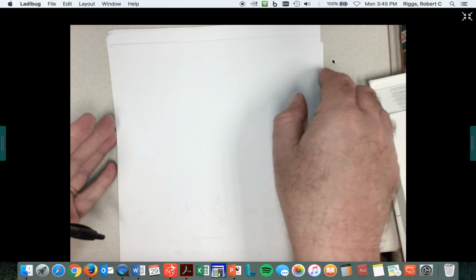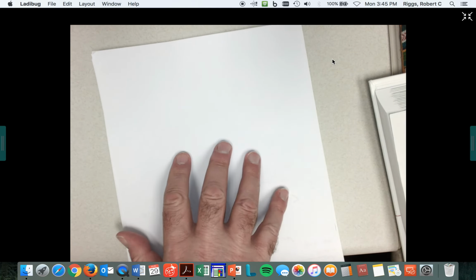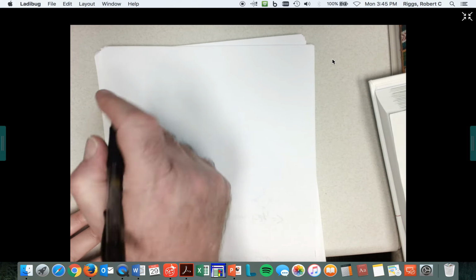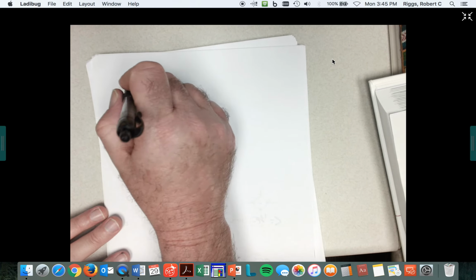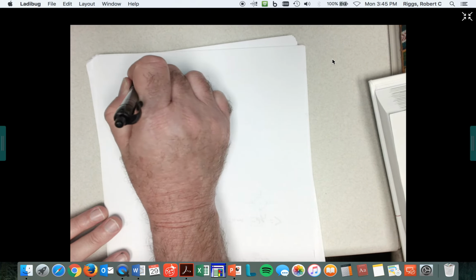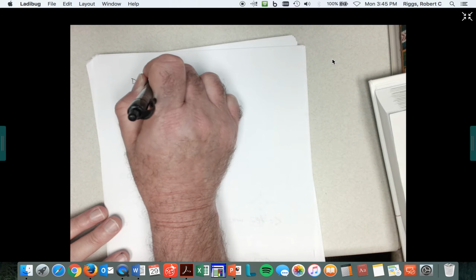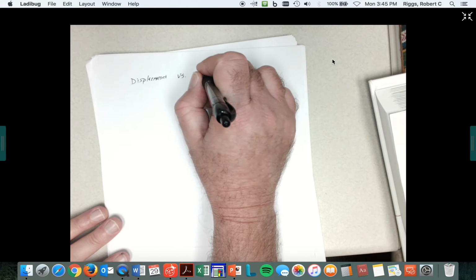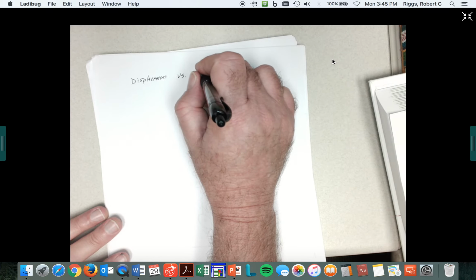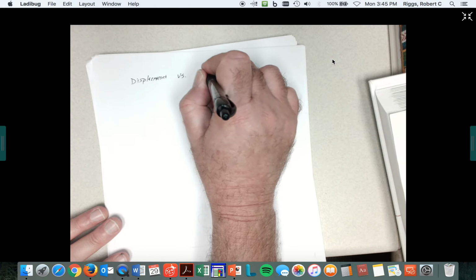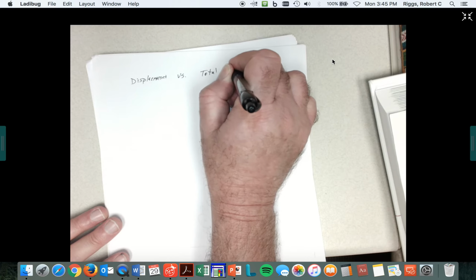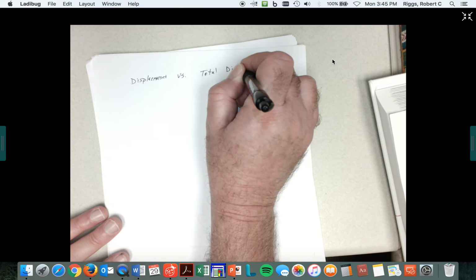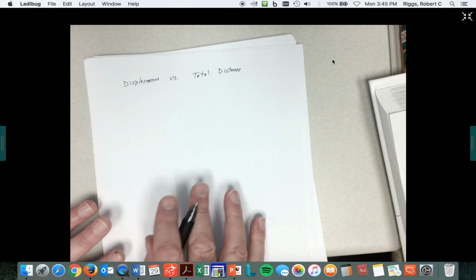Here's a big idea: displacement versus total distance. Let's do it with straight lines first.